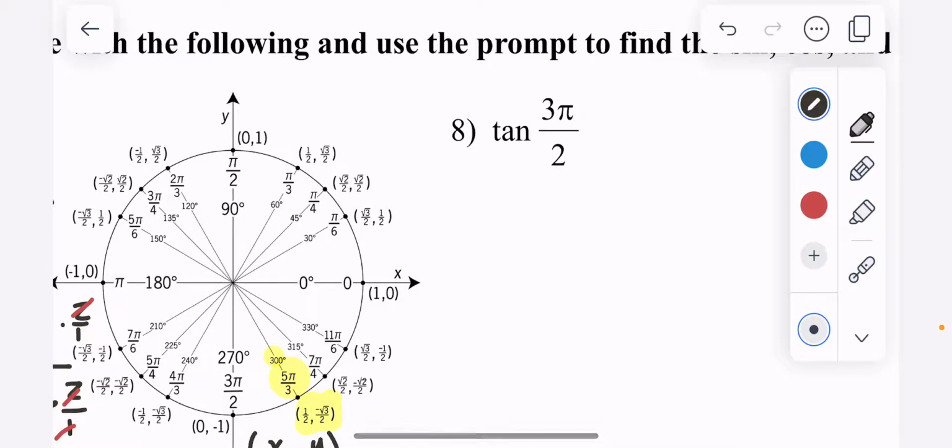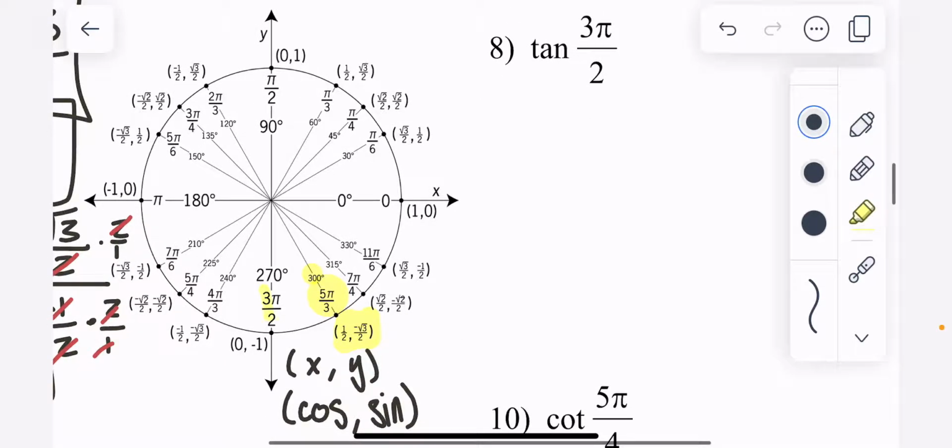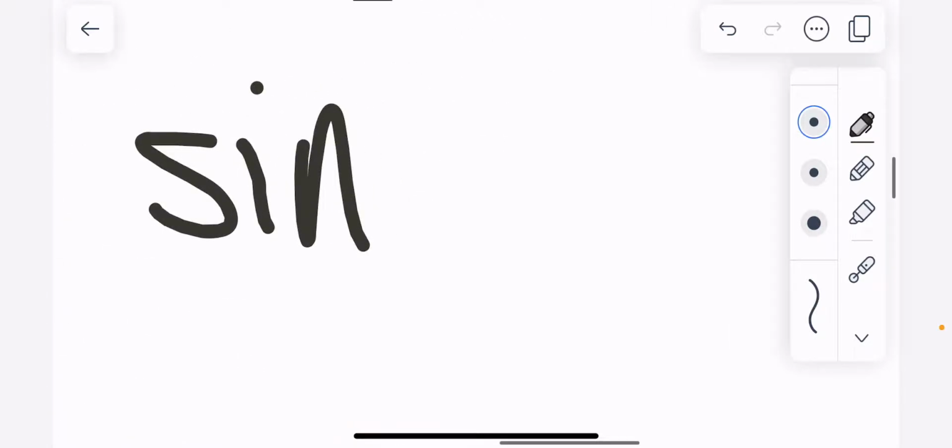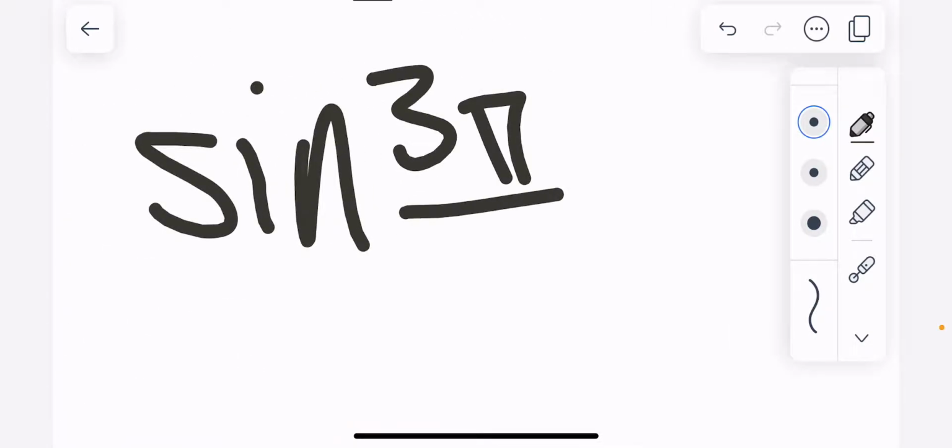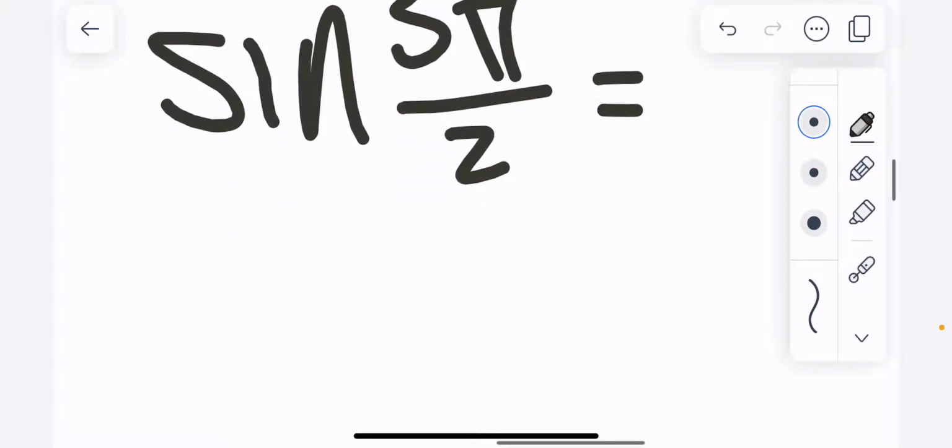Okay, tangent of 3 pi over 2. 3 pi over 2 we have here right on the bottom. And my sine is -1 and my cosine is 0. So in this case, I could do numerator of sine or numerator of cosine, but it's just straight up giving it to me as it is. So I like to write out sine and cosine before I go ahead and find the tangent anyways, because I need to know what they are in order to find the tangent.